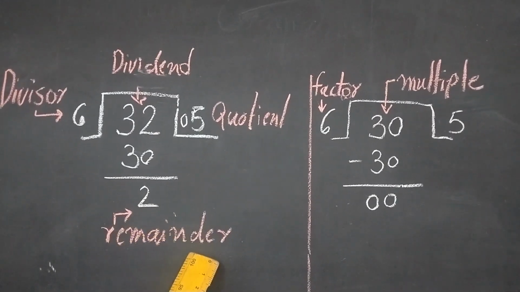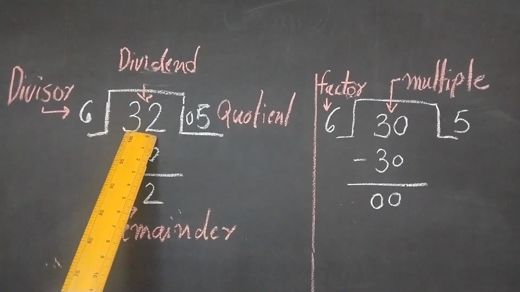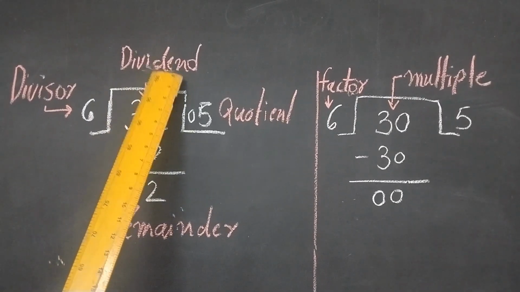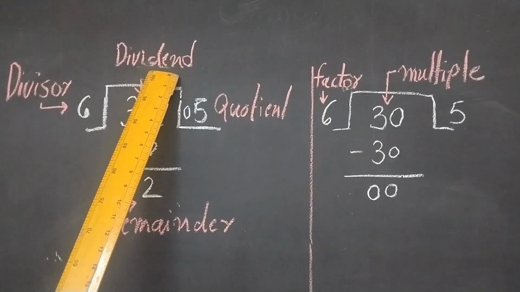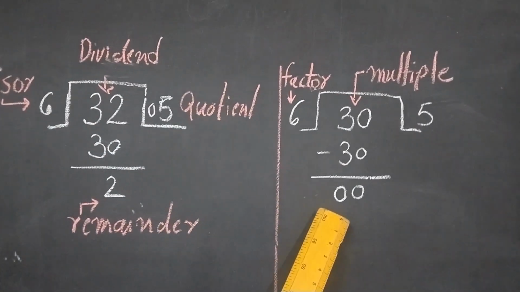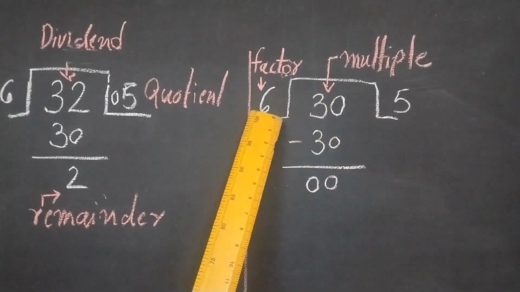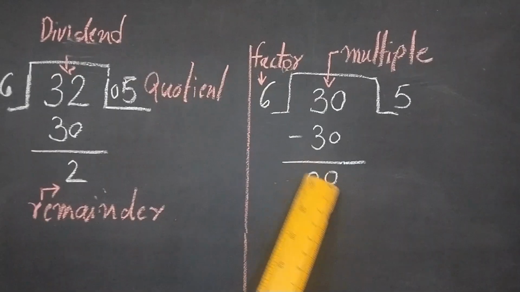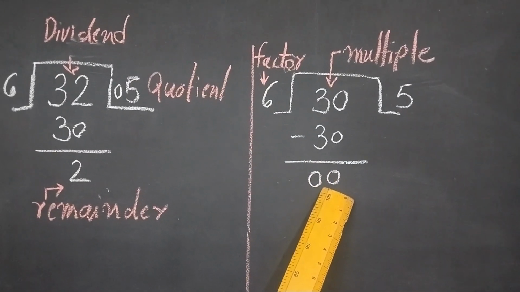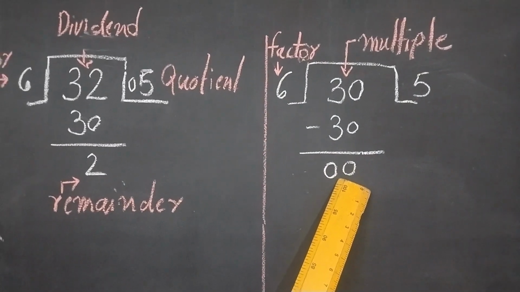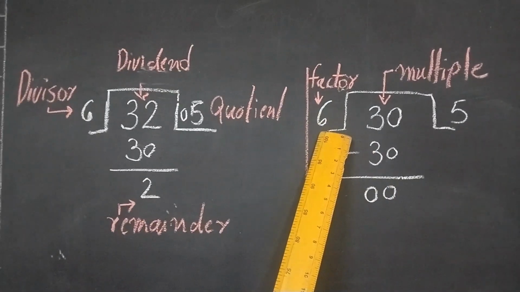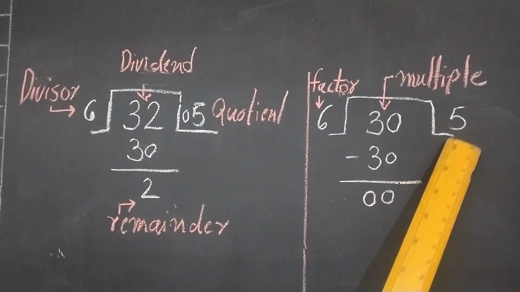Whenever there is a remainder, this middle number is called the dividend. But if the remainder is 0, for instance, when we divide 30 by 6, we get no remainder. It is completely divisible by 6 and 5 becomes our quotient.